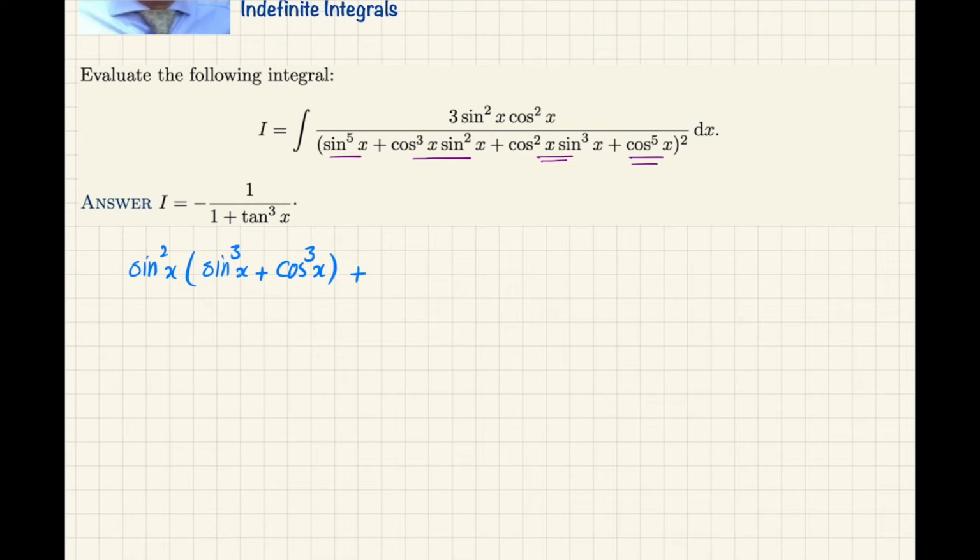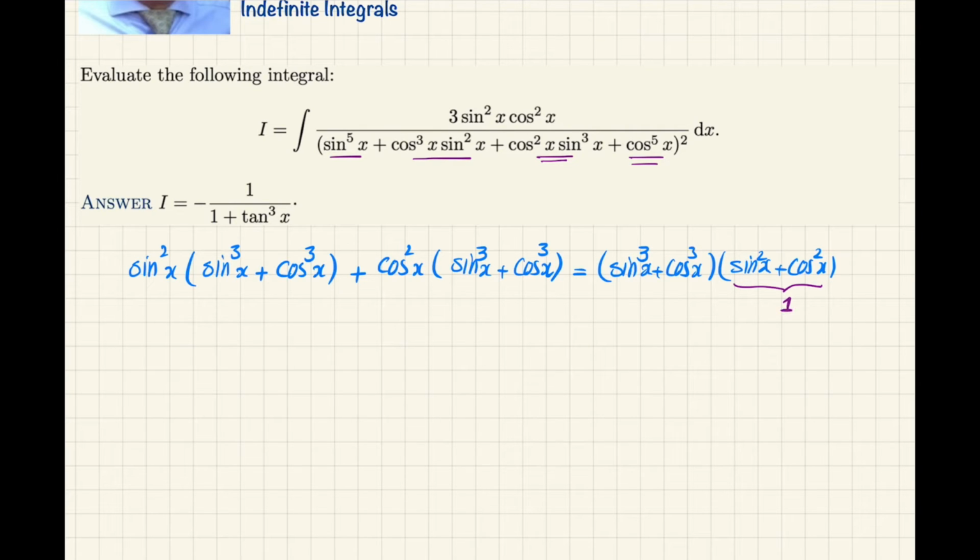And if I factor a cosine squared out, it becomes cosine squared, and then I will have sine cubed x plus cosine cubed x. And then it is clear that I can factor this sine cubed plus cosine cubed out, and what is left from the first one is sine squared x plus cosine squared x. But of course, sine squared x plus cosine squared x is the famous trigonometric identity that's equal to 1.